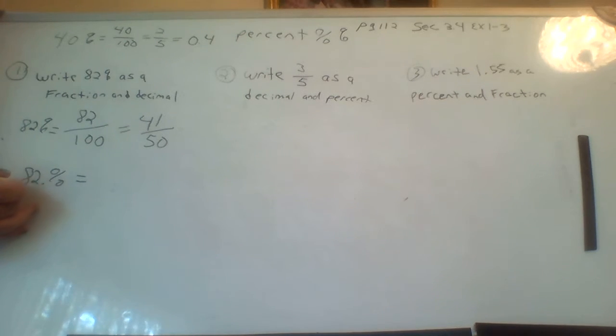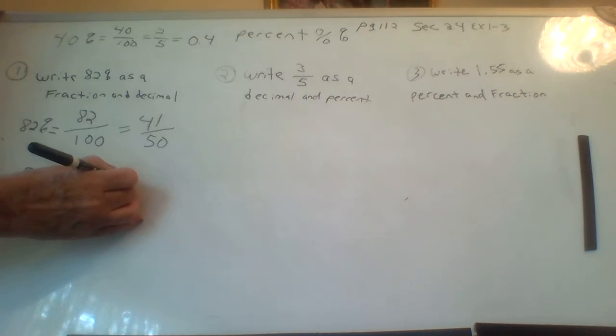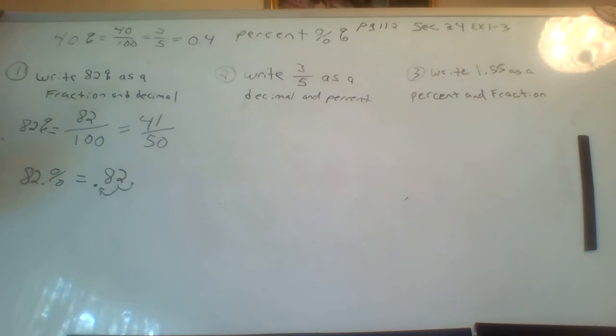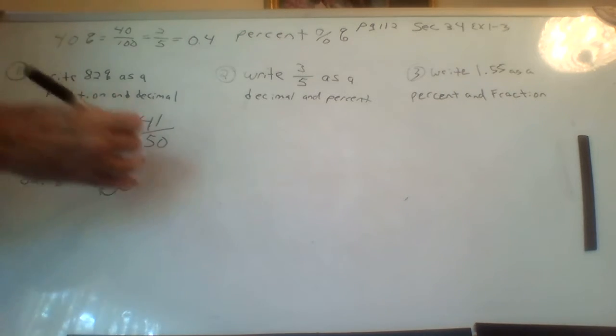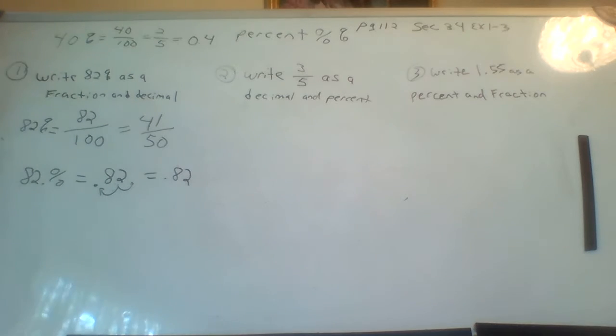Here's our decimal. You're going to move your decimal to the left 2 places. And that gives you 0.82. So right there is your decimal.